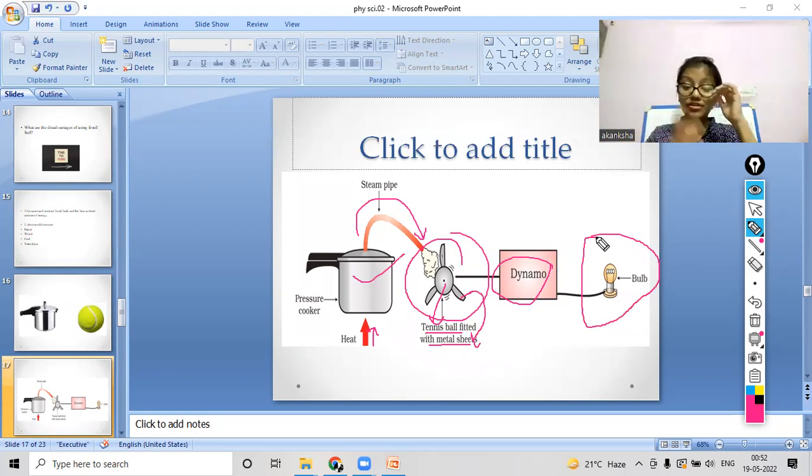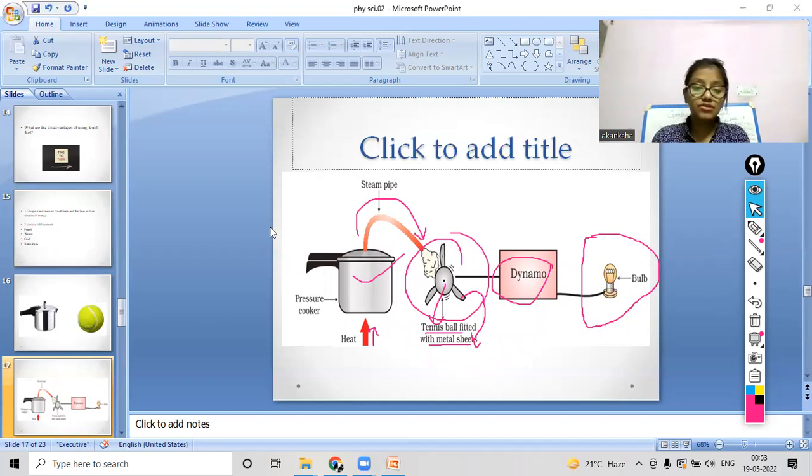So this whole process shows how one form of energy can be converted into another form. Are you all clear how we can convert one form of energy into another? Yes, very good. Now we will move forward and see some more details. If you have any doubt, you can ask the questions in the chat box.